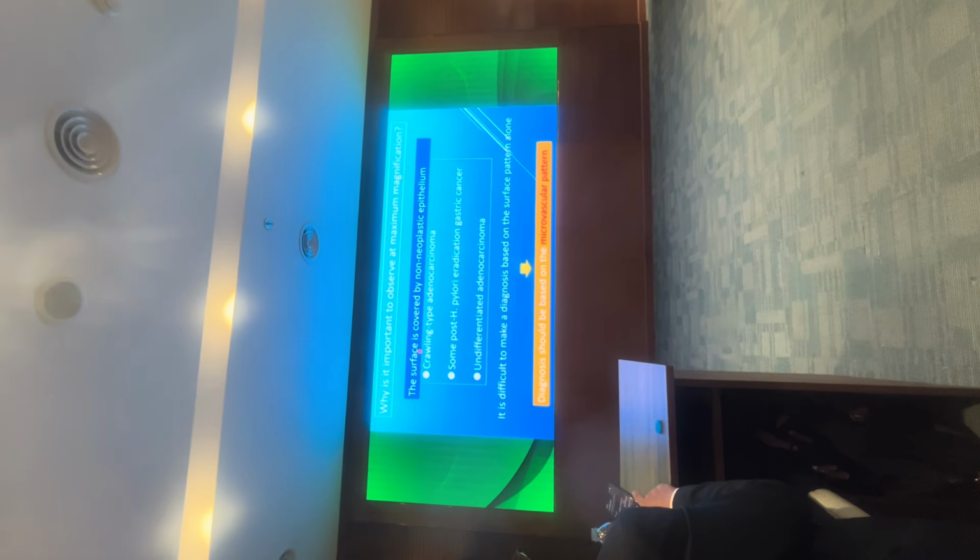Why is it important to observe at maximum magnification in these regions? In cases like growing type adenocarcinoma, some post-Helicobacter eradication gastric cancer, and undifferentiated adenocarcinoma, the surface is covered by non-neoplastic epithelium. In these cases, it's difficult to make a diagnosis based only on the surface pattern, because diagnosis should be based on the microvascular pattern.